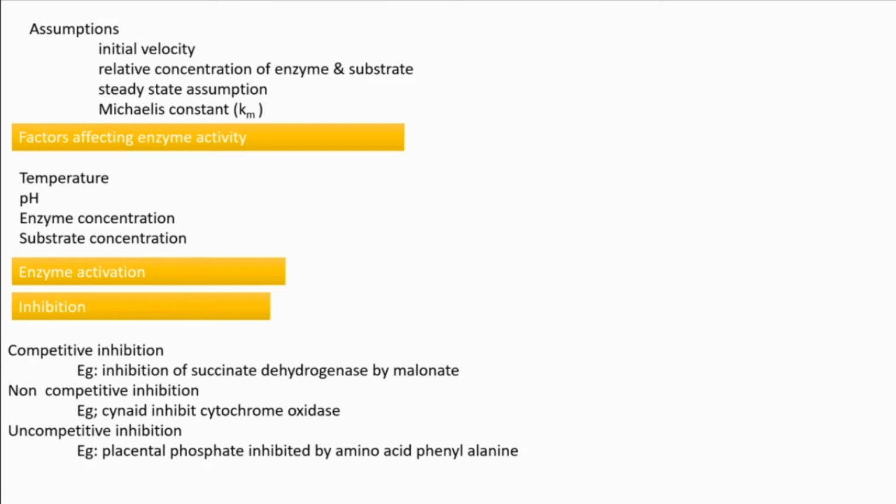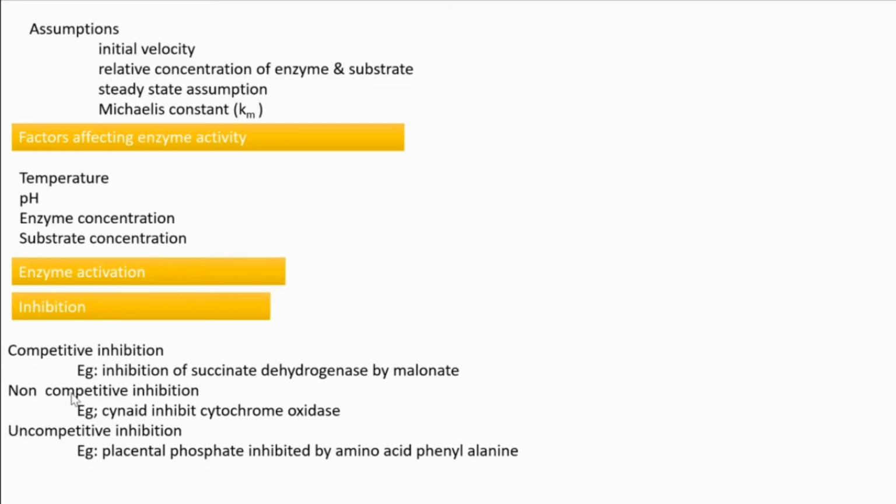Then we are going to see uncompetitive inhibition. Type-wise, it has some similarity with the non-competitive. Then what is the difference here? Here also the inhibitor has no affinity towards the enzyme, but it has affinity towards what? Towards the enzyme substrate complex only. In non-competitive, what is the condition?